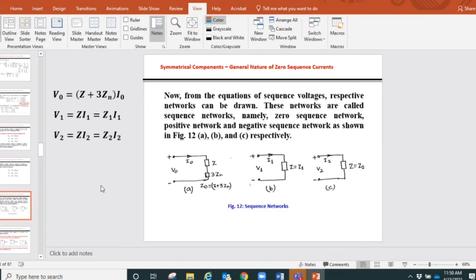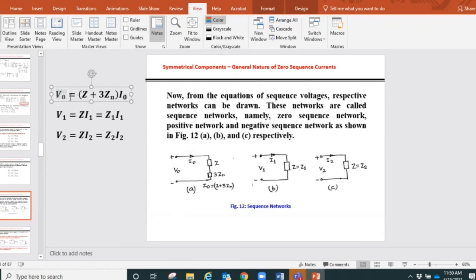In power systems 1, we drew one reactance diagram because it was only the positive sequence, which was equal to either A or B or C. But here it's not that. All of them are there: positive, negative, and zero. So we'll have to draw 3 sequence networks. The first one is the zero sequence. How do we draw it?